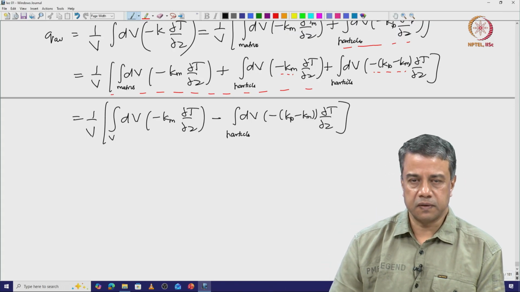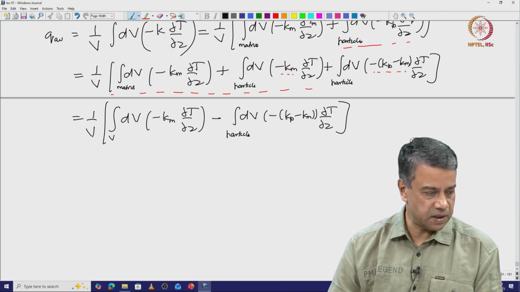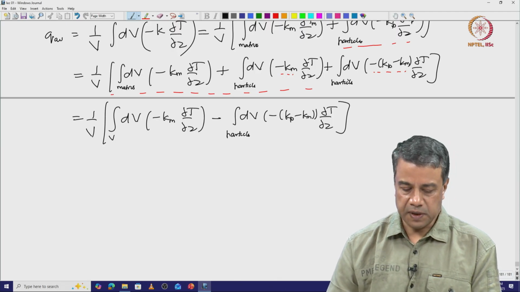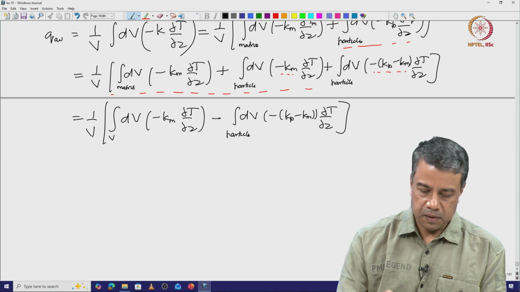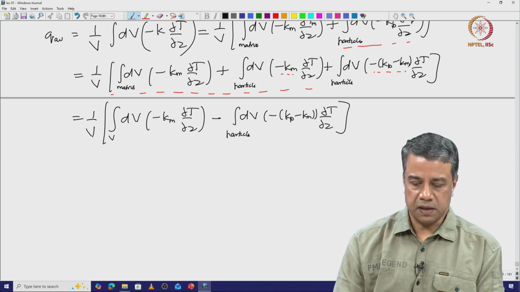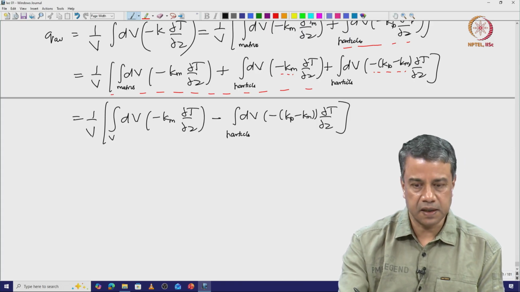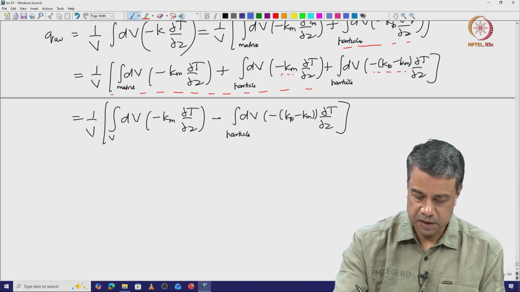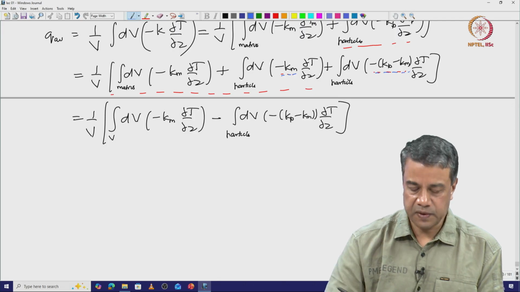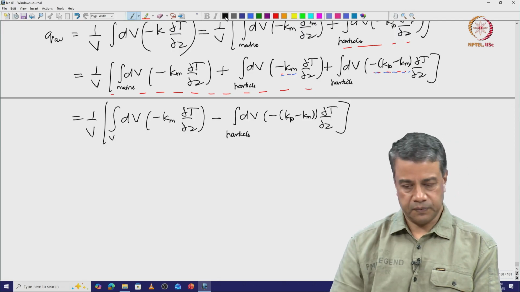So, one we have an integral over the matrix, the second we have an integral over the particles alone. That particle integral has been divided into two parts: the integral of minus Km times partial t by partial z, minus of Kp minus Km partial t by partial z.